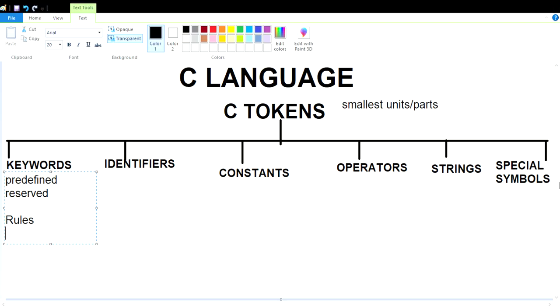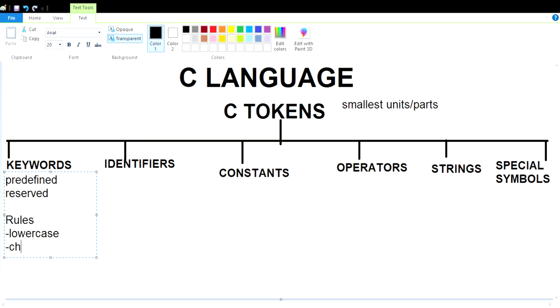While using these keywords, we have to follow some rules. We will see one by one what those rules are. The first one is that we have to write the keywords in lowercase only. Lowercase means we have to write the keywords in small letters only. We should not use any capital letters.